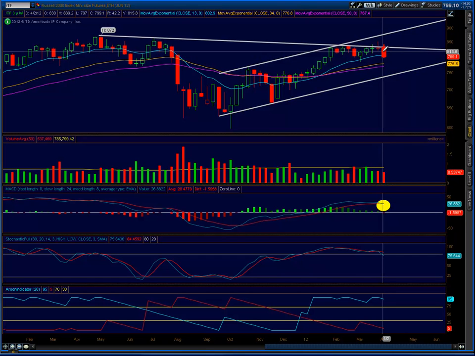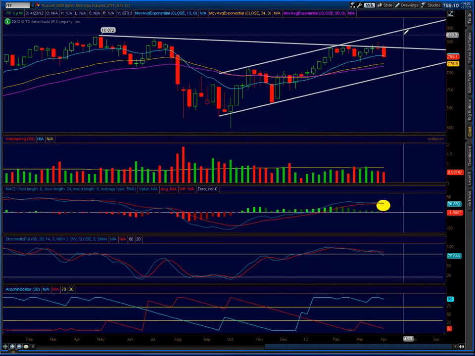This week, and obviously this is the futures, so this candle was finished off today by the sell-off this morning. That 45 minutes of selling took the futures for the Russell 2000 down almost 1.75%.